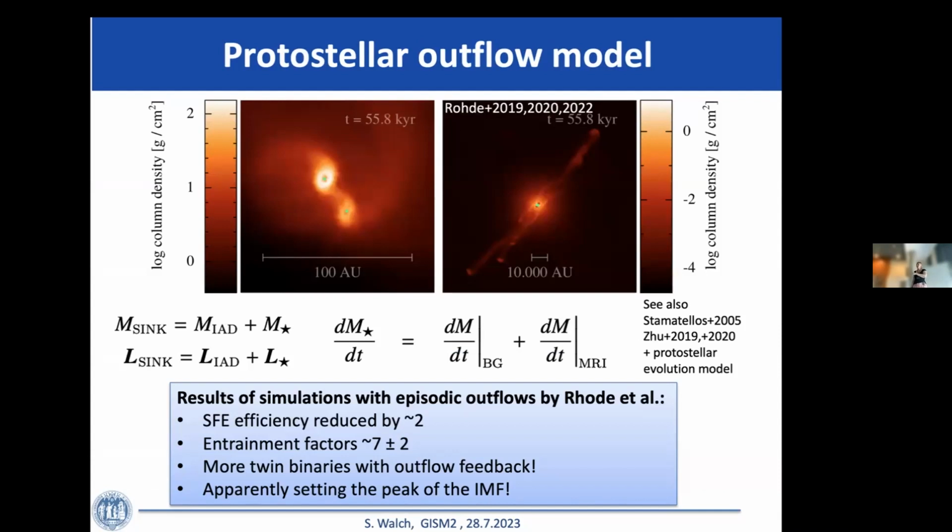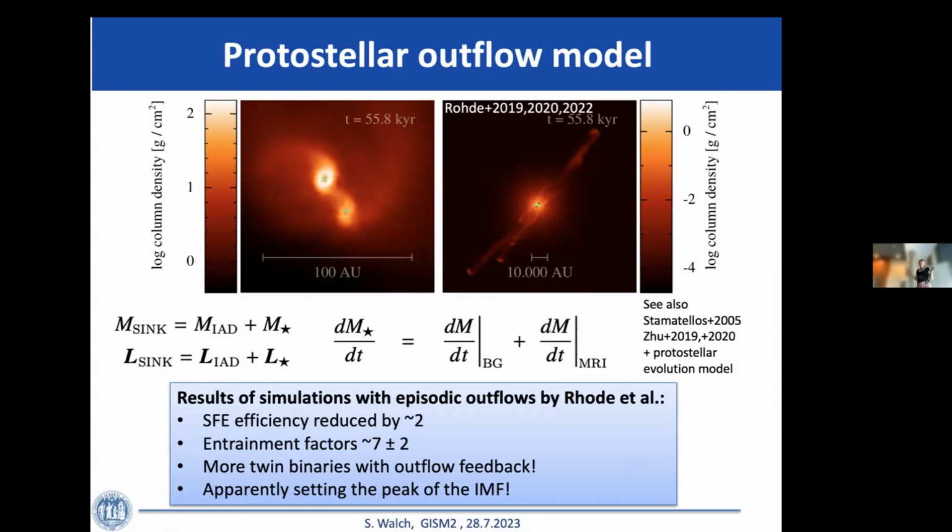Either you model the outflow self-consistently, but then you need to have magnetic simulations, so MHD for sure. And you need to have super high resolution, because the outflows are launched from the region where the protostar accretes. And if you do not resolve at least 1 AU or smaller, then you don't get them at all.